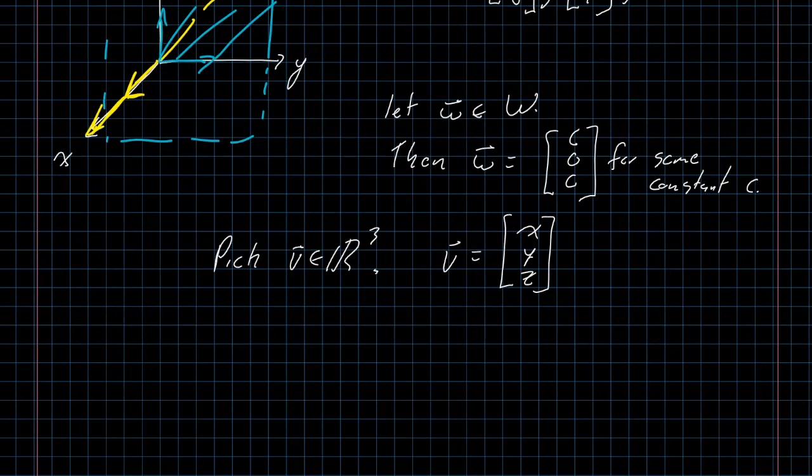And if we take the dot product of v dot w, we will get c times x, plus 0 times y, plus 0 times z.